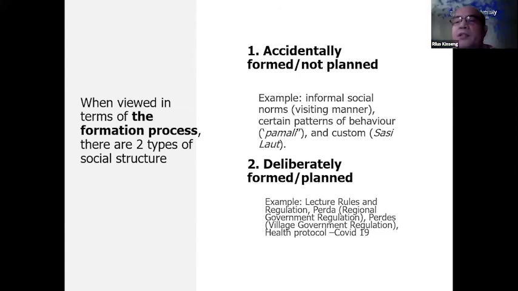That's why it is working. But if many people disobey it, it won't work. Maybe the content of the rules should be revised. So that's basically how social structure comes up. One is intentionally produced, and the other is not intentionally produced.